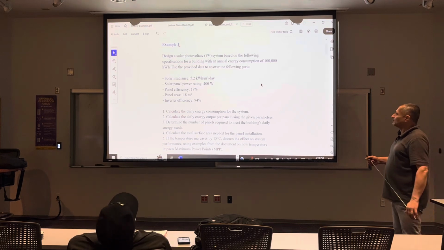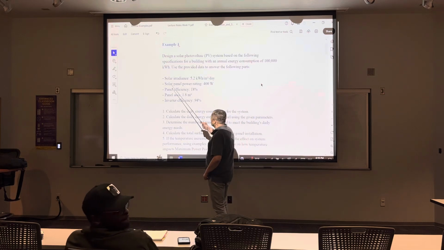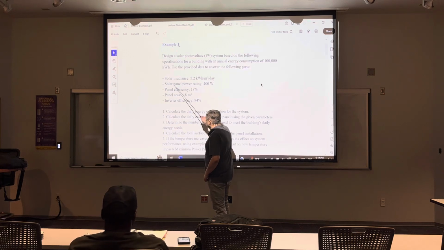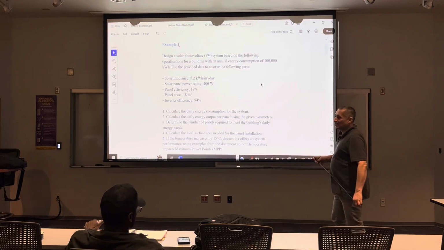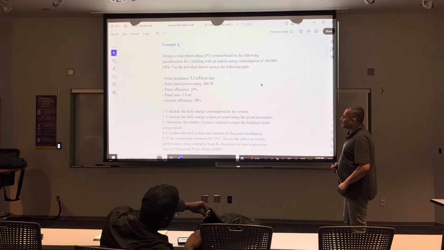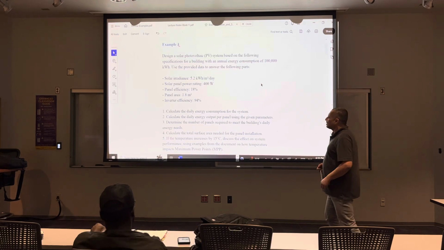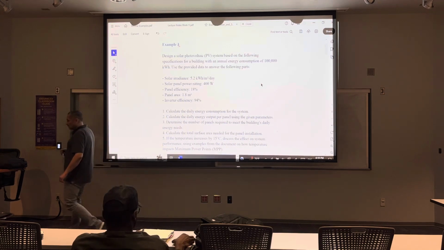Use the provided solar specifications. Irradiance 5.2 kilowatt hours per meter square per day. Solar panel power rating 400. Panel efficiency 18%. The panel area 1.8 meter square. Inverter efficiency 94%.